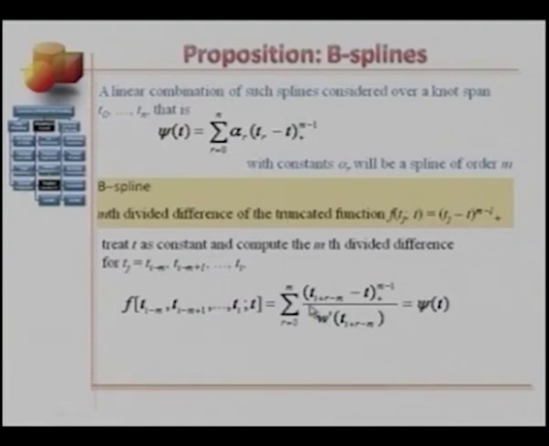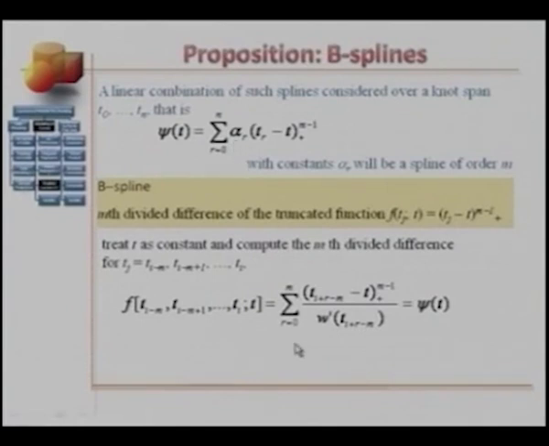Look at the numerator in each term in the summation here and try to relate this entire expression with this expression here, alpha r times (Tr minus t) truncated m minus 1. What do you observe? You would note that each term by itself is a spline of order m. 1 over W prime evaluated at T(i plus r minus m) are the constants alpha r.